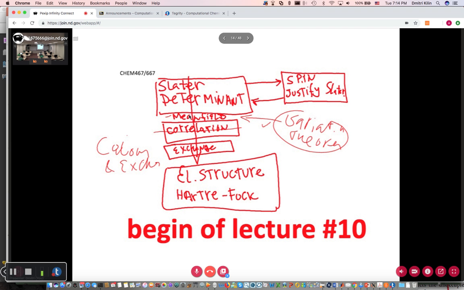So on this map, we are in between the top box and the second box. We are in the mean field. So we are slowly coming to the concept of the mean field.